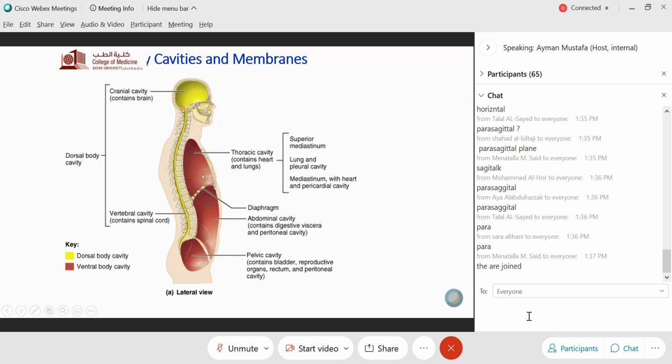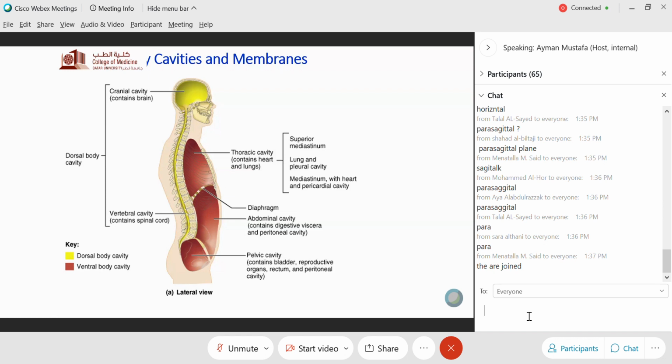For example, we have the muscle called the diaphragm we use in breathing. It separates the thorax from the abdomen. But the abdomen and the pelvis are continuous with each other. Okay? So sometimes we call them abdominopelvic cavity, or we say abdominal cavity and pelvic cavity to make it easy.